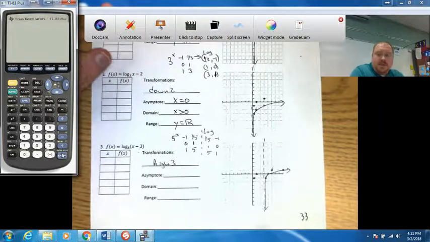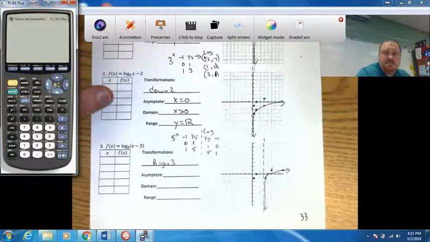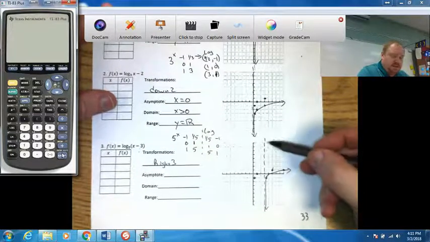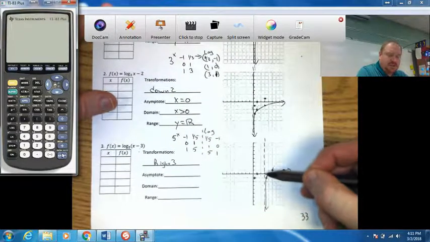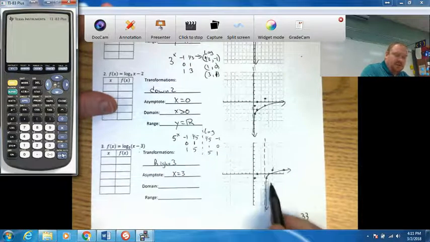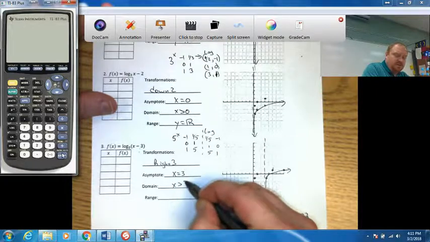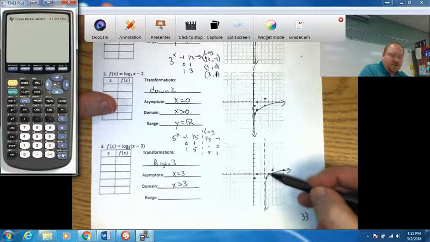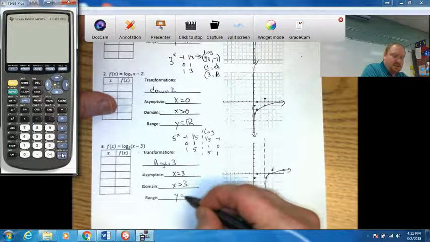And that's my best attempt at graphing this. So now the asymptote is at x equals 3, which means the domain is x greater than 3, and the range, because it goes down forever and goes up forever, is all real numbers.